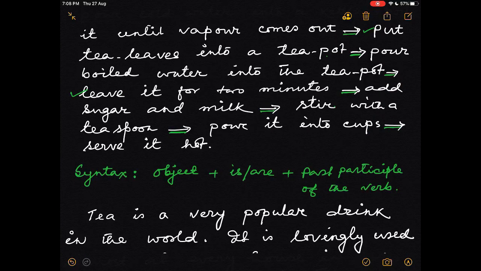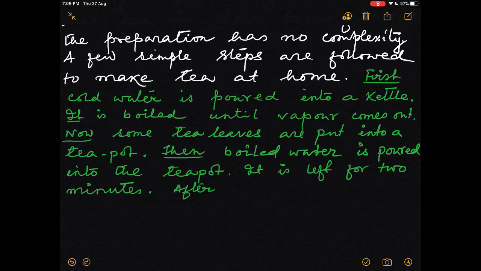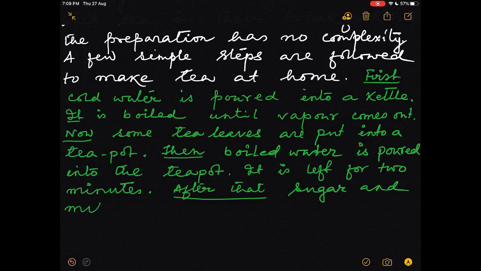Now add sugar and milk. Sugar and milk is the object. After that, this is the connective. After that, sugar and milk are added. Okay.